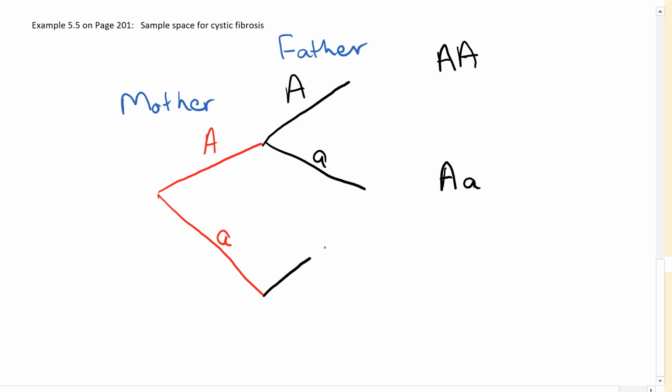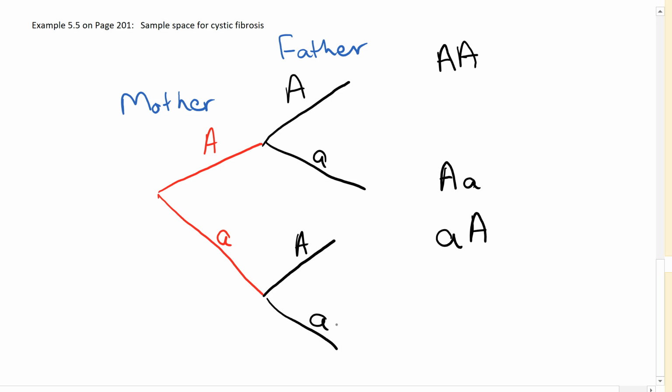Another possibility is if the mother gave a recessive, the father can still give a dominant or a recessive. Therefore, they received a recessive from the mother and a dominant from the father. Now, this child right here is not sick because they have two dominant genes. These two children, receiving one dominant and one recessive, are what we call carriers.